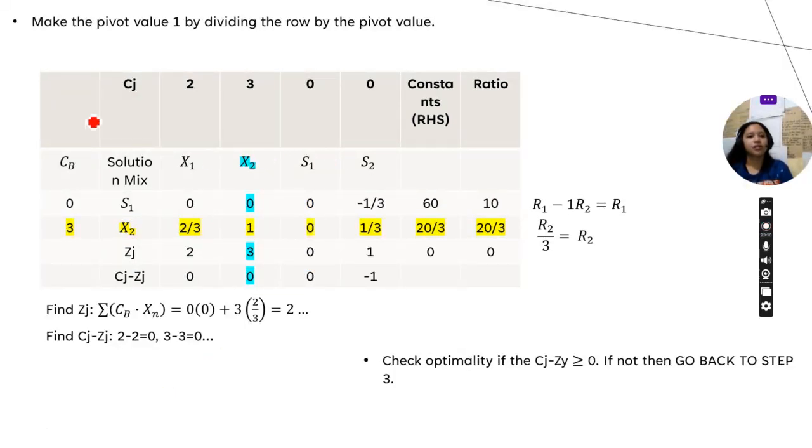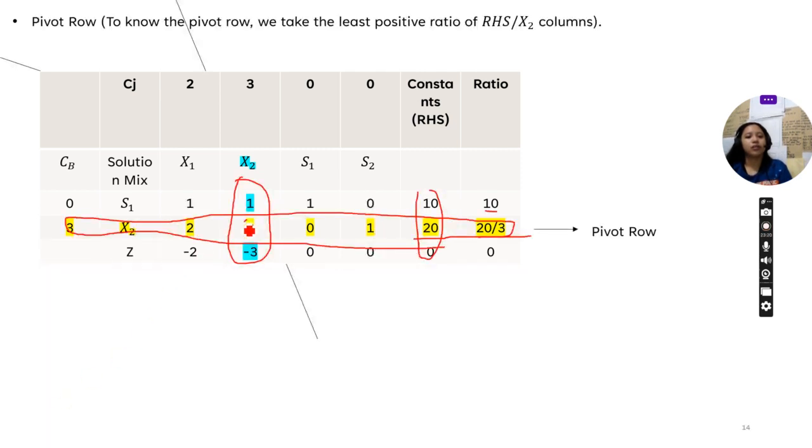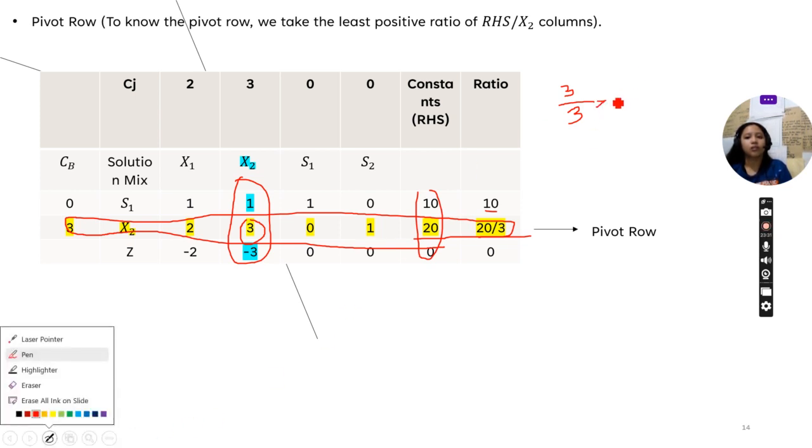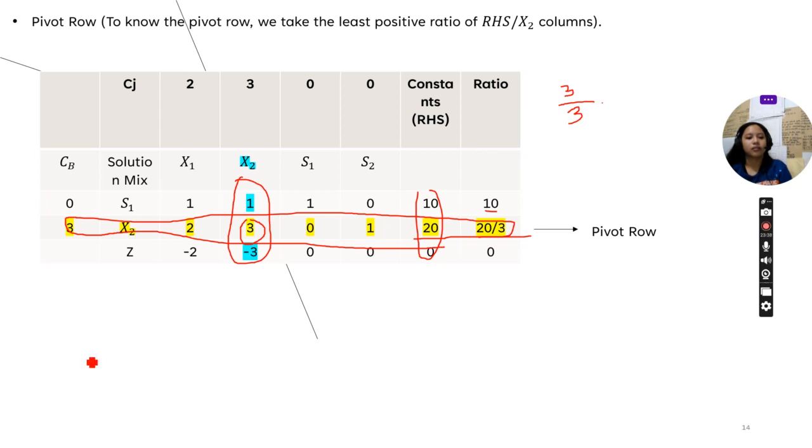The next step is make the pivot value 1 by dividing the row by the pivot value. So here, this is already our pivot value. Let's make it 1. So divide by 3 is equal to 1.